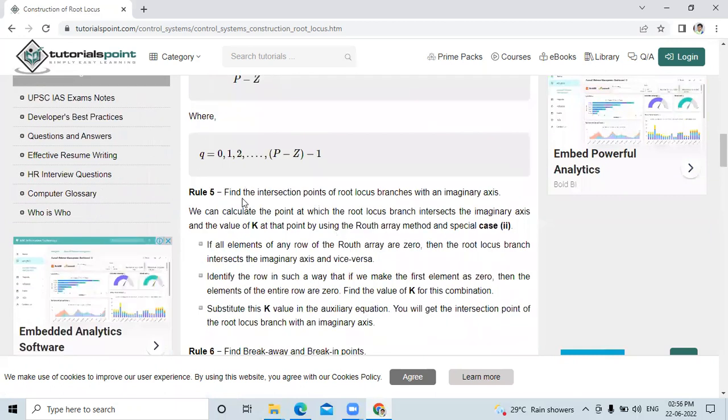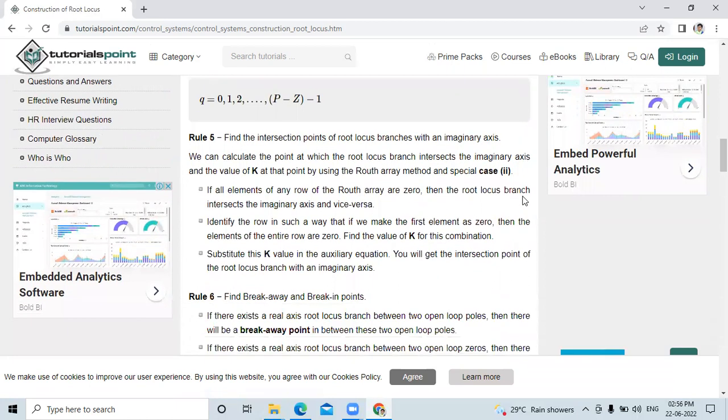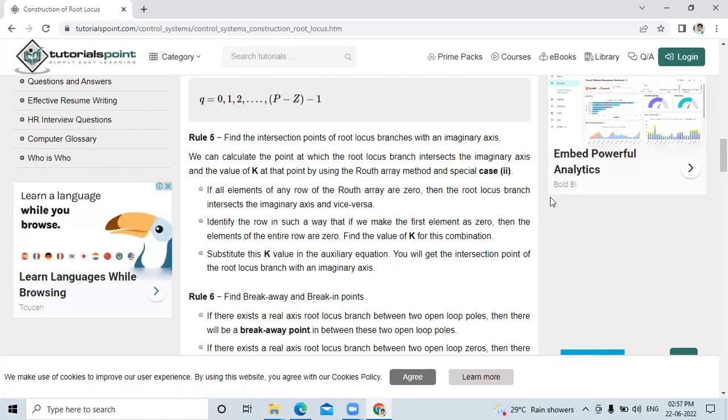Next, find the intersection points of the root locus branches with the imaginary axis. We can calculate the point at which the root locus branch intersects the imaginary axis, and the value of K at that point, by using the Routh-Hurwitz criterion, special case 2. If all elements of any row of the Routh array are 0, then the root locus branch intersects the imaginary axis, and vice versa.